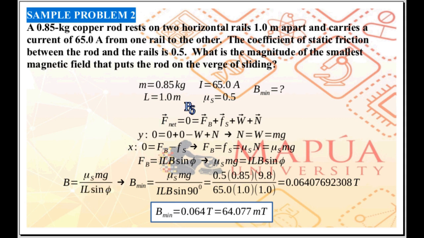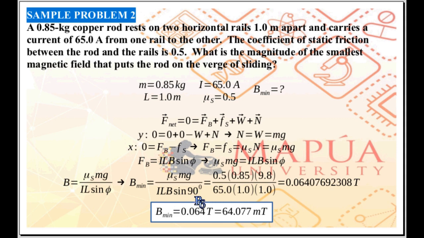We know I, and we know L. We don't know sine phi, but knowing these variables, we see that the magnetic field will simply depend on phi, particularly sine phi. We are looking for the minimum magnetic field. The magnetic field will be minimum if the denominator, in this case sine phi, is maximum. The maximum of sine phi is 1. That tells us that phi is just equal to 90 degrees.